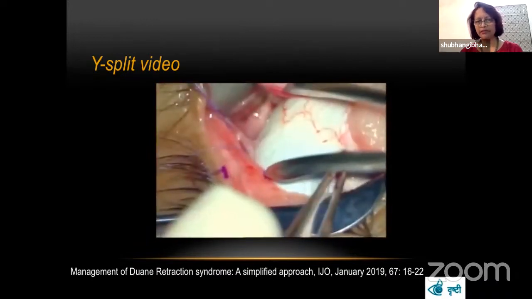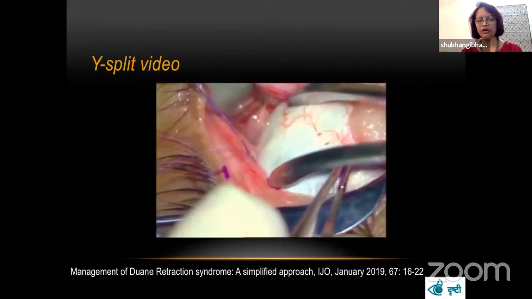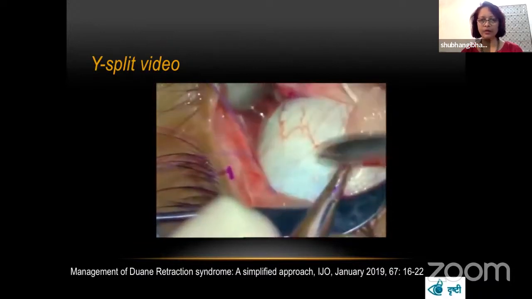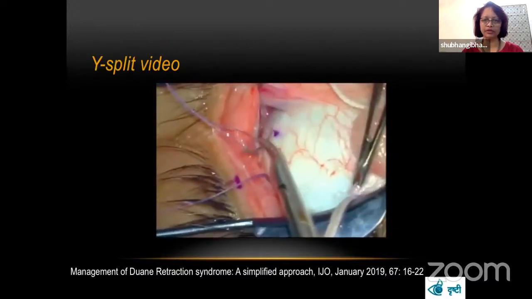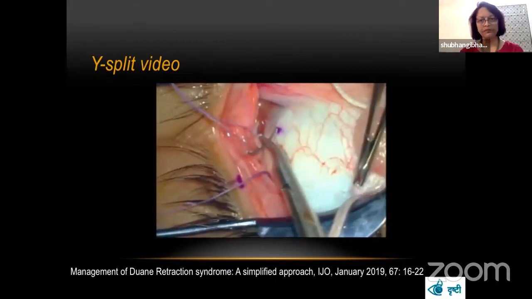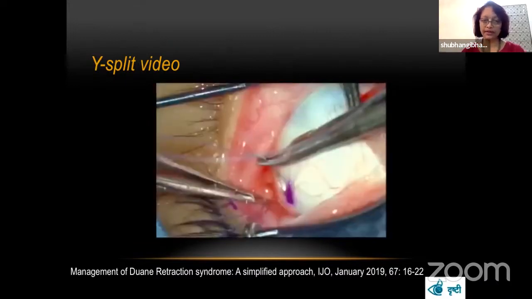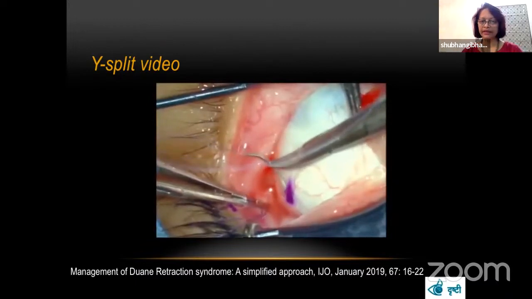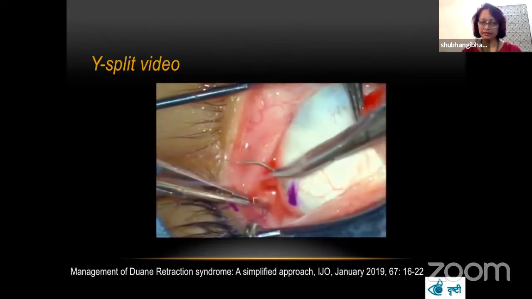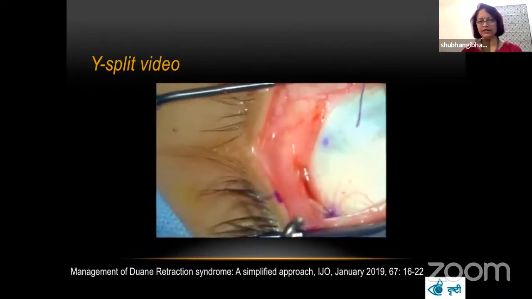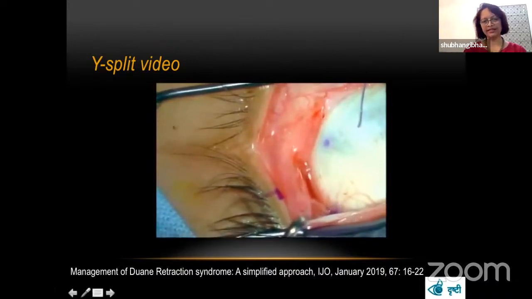Then after marking the center of the insertion, I take one mark 10 millimeters below the center. One limb is attached there, and the other limb is again attached 10 millimeters above from the center. The Y split allows us to anchor the globe and thus prevent the slippage of globe in adduction because of tight LR.